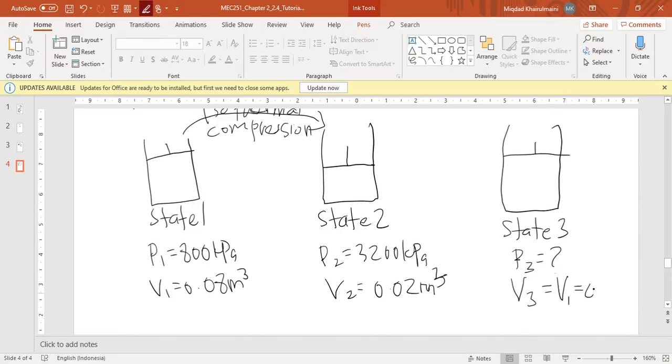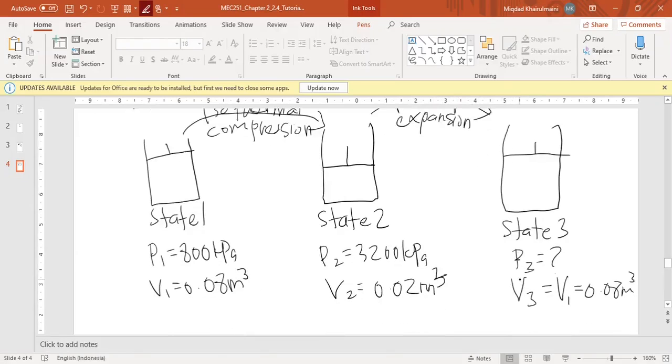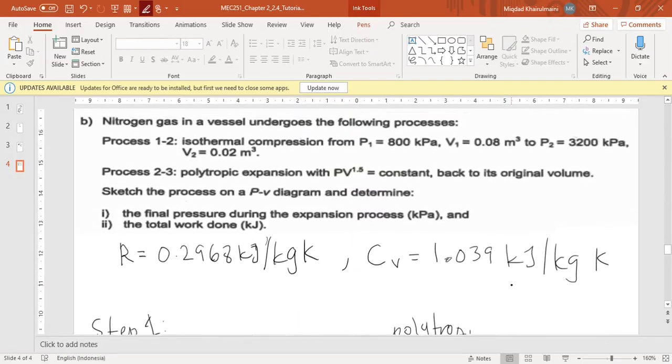So connect the second and third state by its process, polytropic expansion, and also write the index number. n is given, so it's quite easy, 1.5 if I'm not mistaken. Okay, so now the schematic diagram is complete.